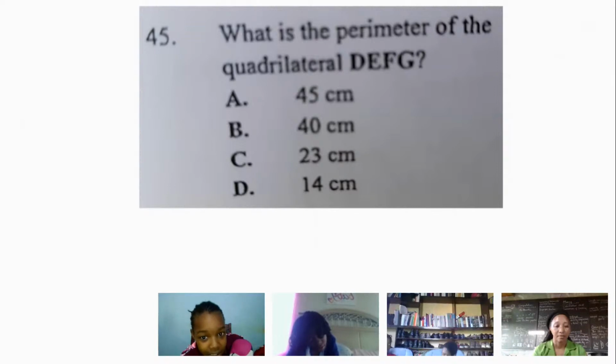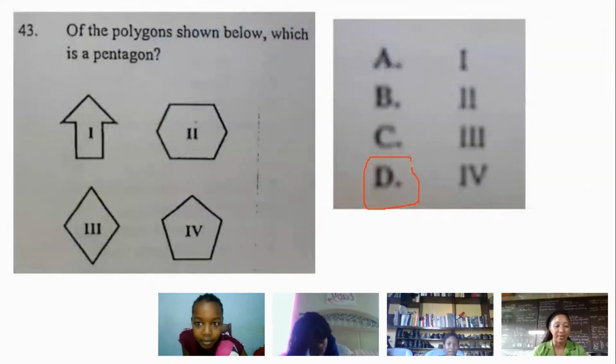C. 23 centimeters. D. 14 centimeters. So look back at the quadrilateral.